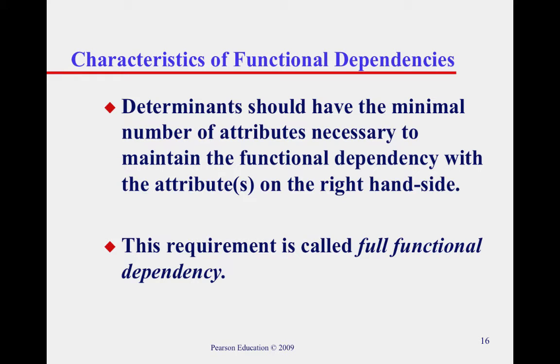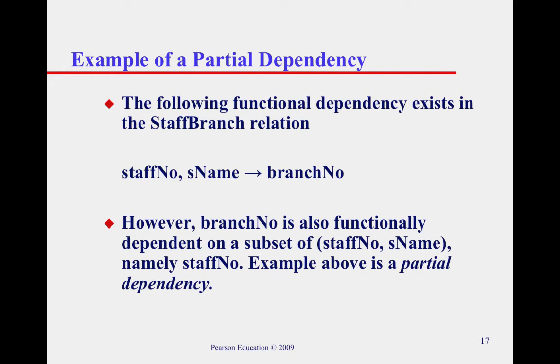When we have a determinant that's a minimum determinant, we say that that defines a full functional dependency. And if we have too many attributes, not a minimal set, it might be nice if we were consistent with our terminology and called it a super functional dependency, but we don't. We call it a partial dependency.